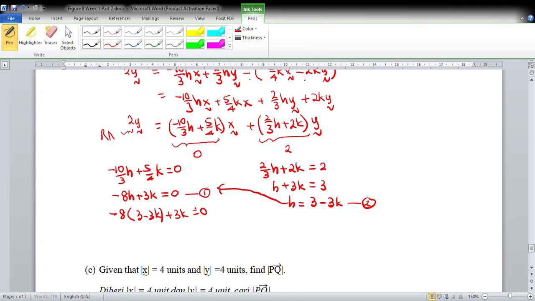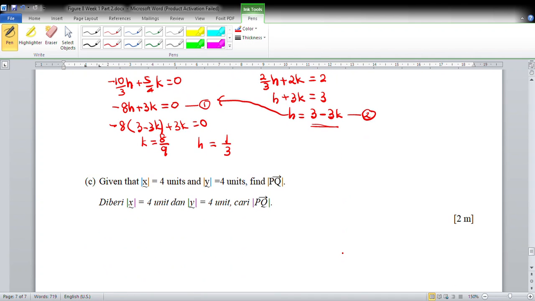Okay, open up and solve this. You will get k is equals to 8 over 9. And substitute back into h, and you get your h is 1 over 3. Okay, use your calculator, calculate up. Okay, so these are your answers. That k is 8 over 9 and h is 1 over 3.